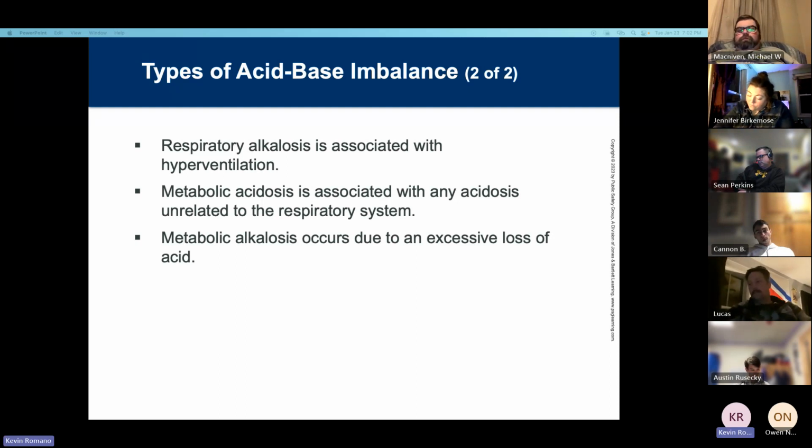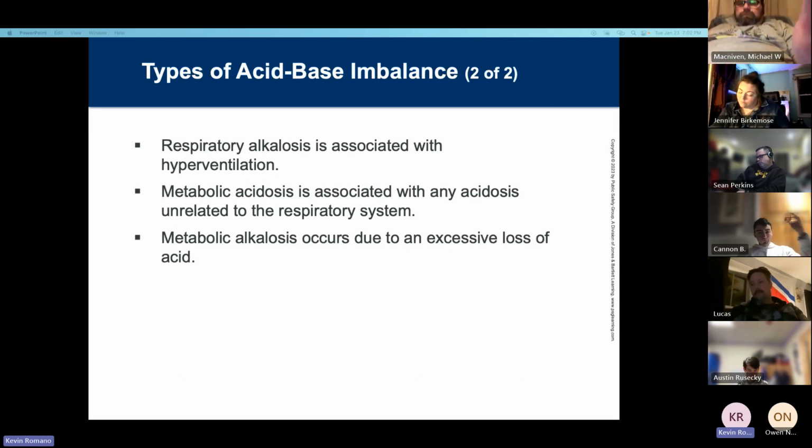Excessive alcohol ingestion, which will put them into an alcoholic ketoacidosis, right? Gastrointestinal losses, so diarrhea, things like that. Carbon monoxide poisoning. Signs and symptoms would include vasodilation, CNS depression, headaches, warm flushed skin, tachypnea, so rapid breathing, nausea, vomiting, and cardiac dysrhythmias.